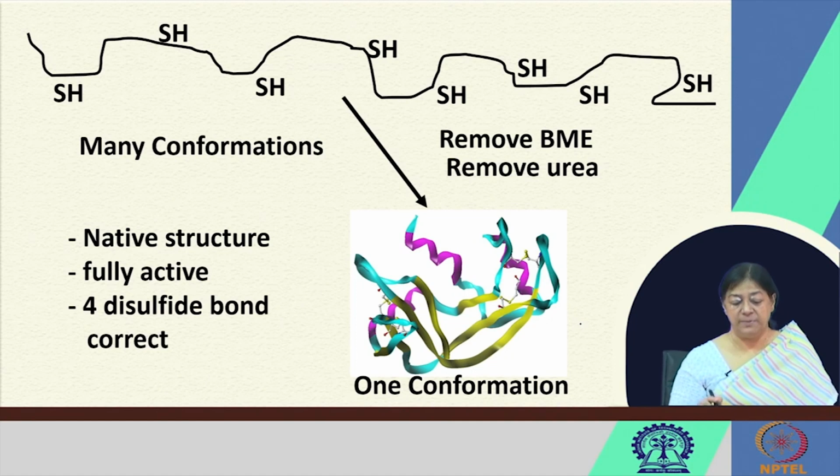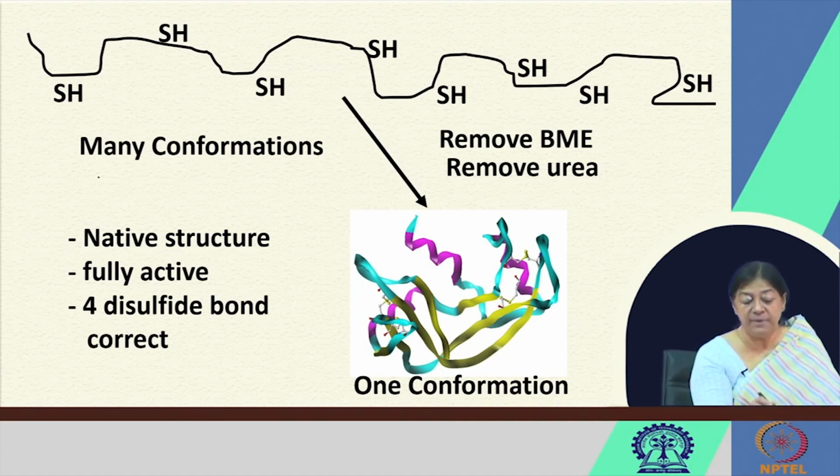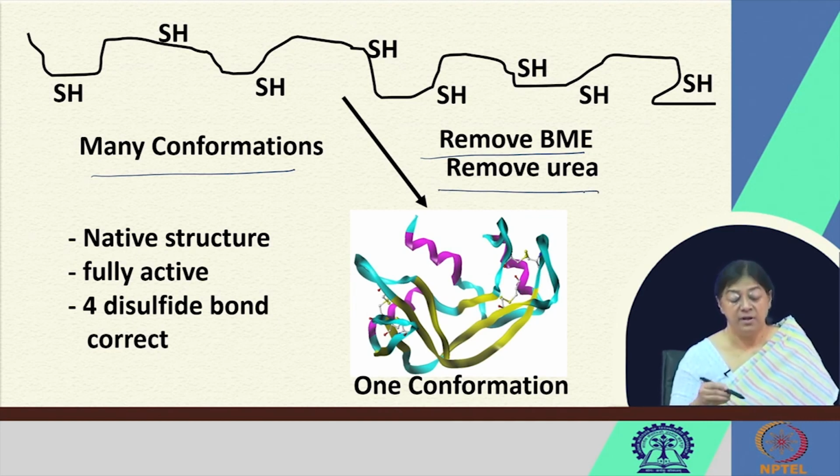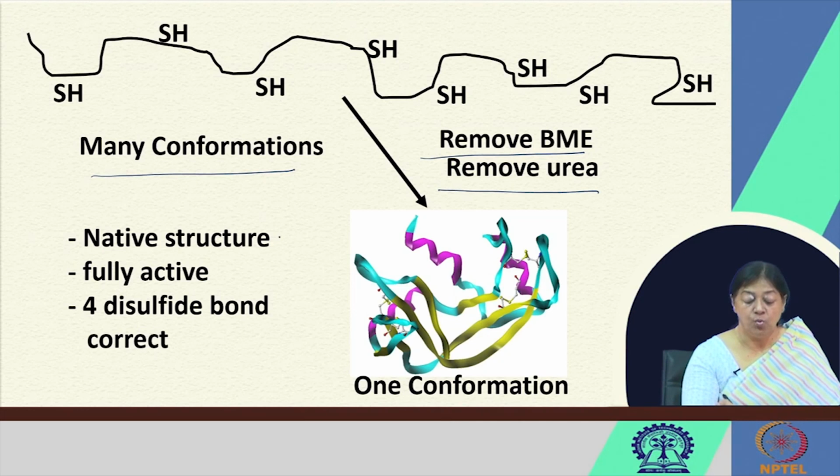So, what was the experiment? The experiment was the many conformations that were possible. Beta mercaptoethanol was removed, allowing an oxidation process to occur, forming the disulfide linkages again. Urea was removed to allow the protein to refold, and what was found? The native structure was returned.